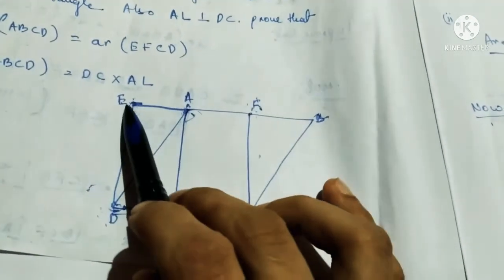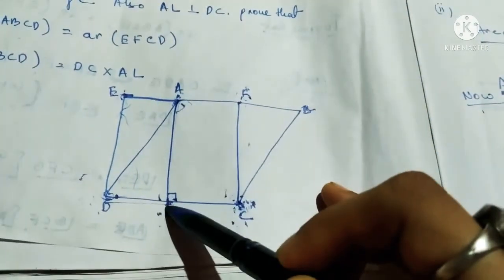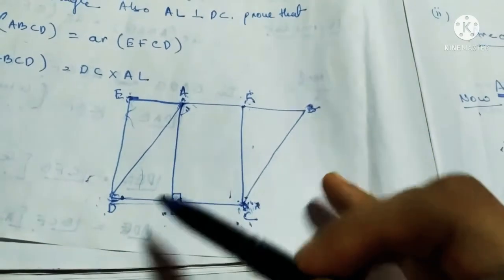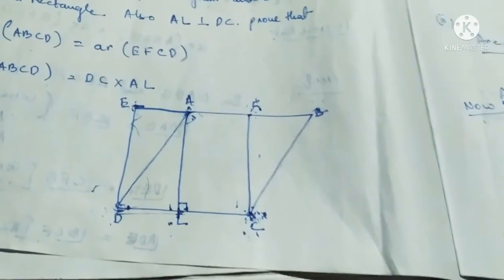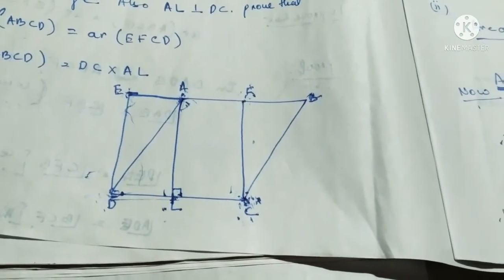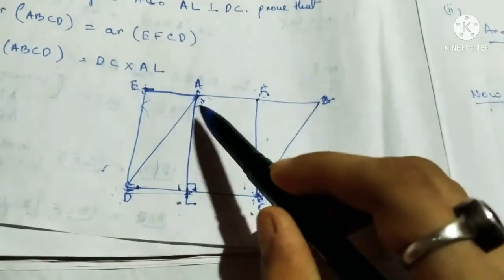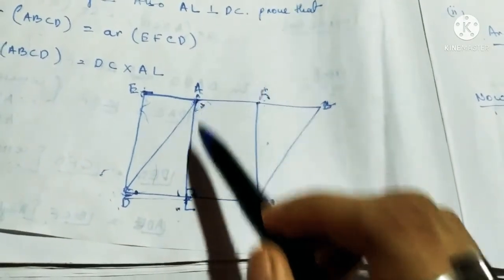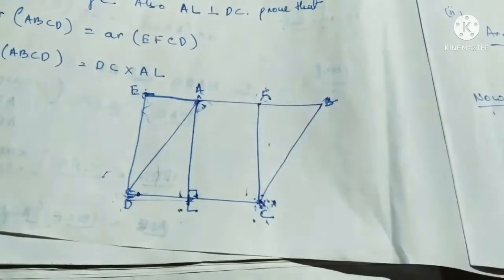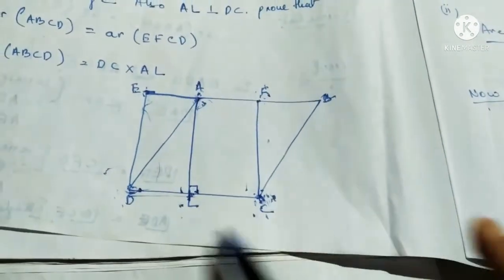And we know EB is parallel to DC and AL is the transversal, so this angle plus this angle is equal to 180 degree, because the sum of the interior angles on the same side of the transversal is 180 degree. So from there this angle will be 90 degree, and all four angles are 90 degree. So I can consider ALCF to be a rectangle.